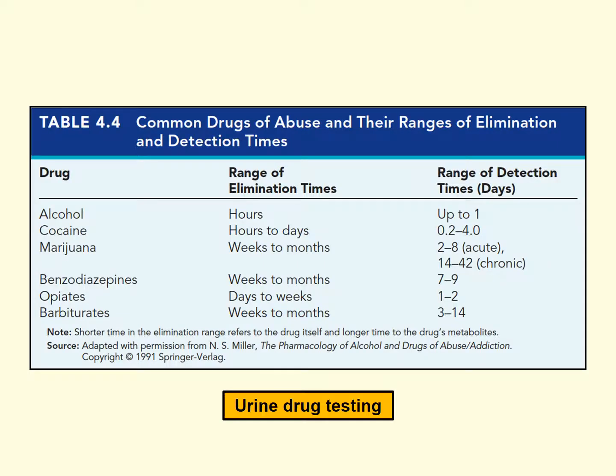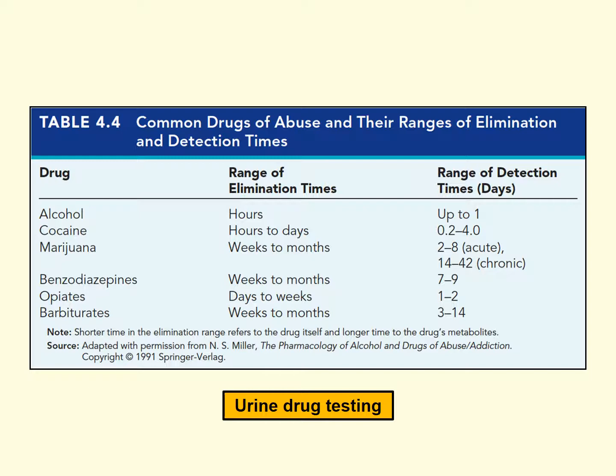Here's a table from a textbook that is actually adapted from a pharmacology textbook, as you can see in the citation there. And you can see that there's a range of elimination and detection times for different types of drugs. Some drugs like alcohol, we can detect in your body, depending on how much you've consumed, for a period of time that can be measured in hours, and we can detect some of the metabolites of alcohol for up to maybe a day afterwards.